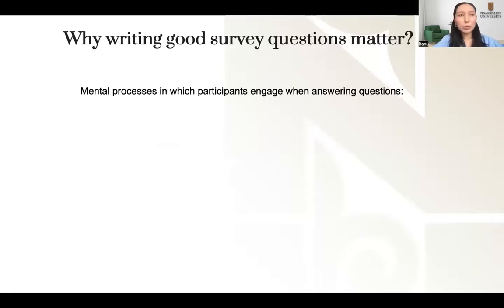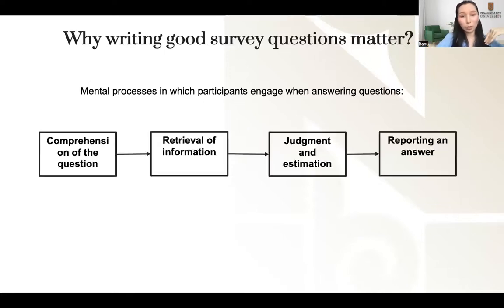To be able to fully answer this question, we wanted to show you the mental processes in which the participants engage when answering a survey question. So first of all, they go through a comprehension of the question stage. It's the stage when they have to understand the question. Second, retrieval of information, when they have to actually search their memory and think about the response, think about the information that they need.